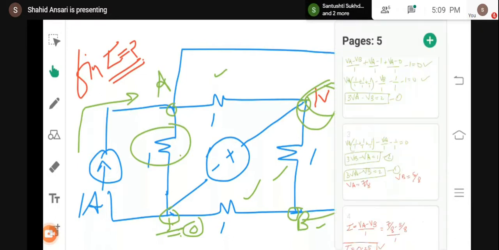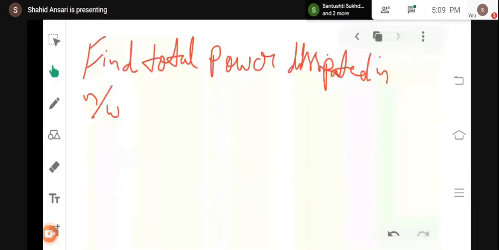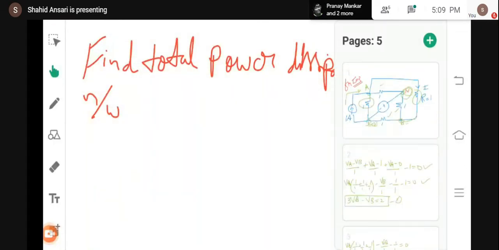First of all, try to find the power dissipated in all the impedances. Let's take the first circuit.